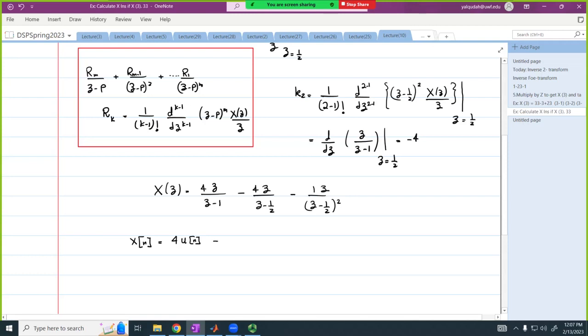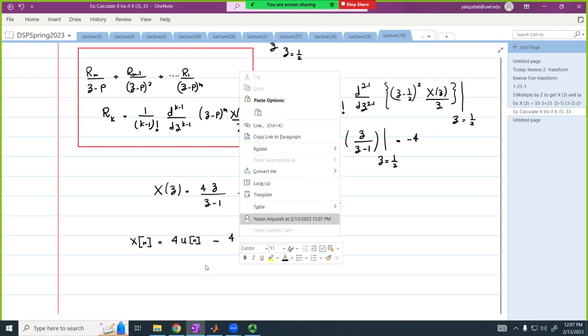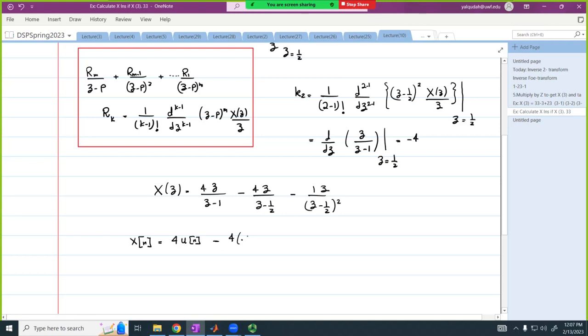The second term is negative 4 multiplied by 0.5 to the n u of n. And the third term is going to equal 2 multiplied by n multiplied by 1/2 to the n multiplied by u of n.